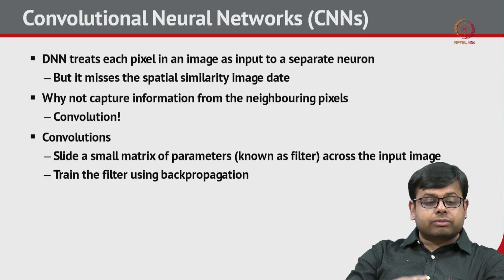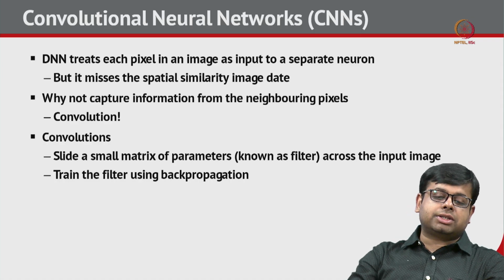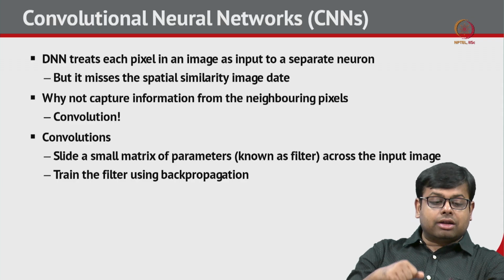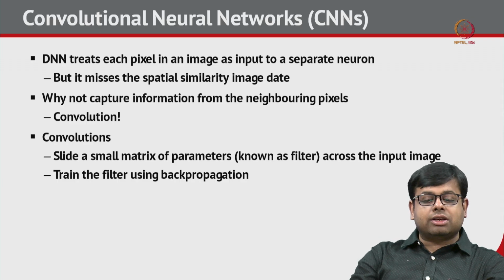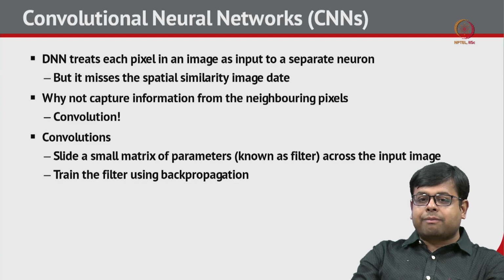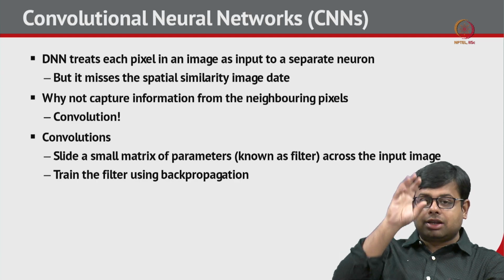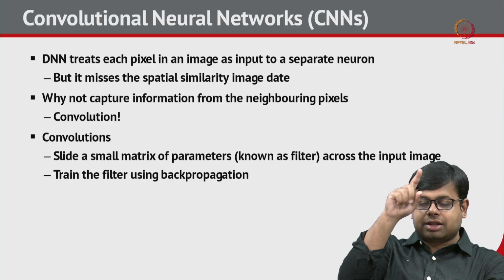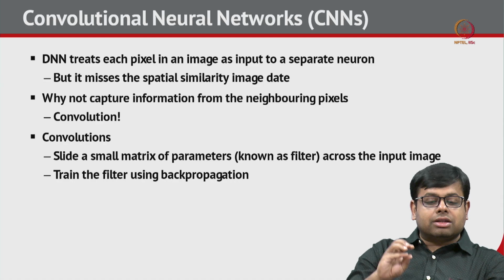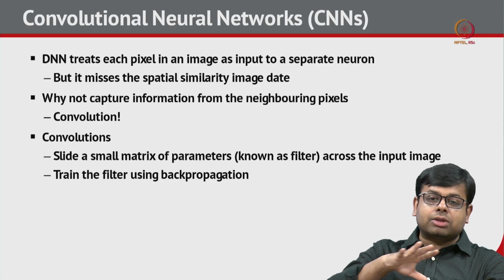So if we use a multi-layer perceptron, it misses the spatial similarity in the image. That is why we should capture information from the neighboring pixels. Instead of providing individual image pixels as input, we should capture patches. We should see one patch of the image and analyze it, then go to the next patch and analyze that. That is how we can capture information from the neighborhood pixels.